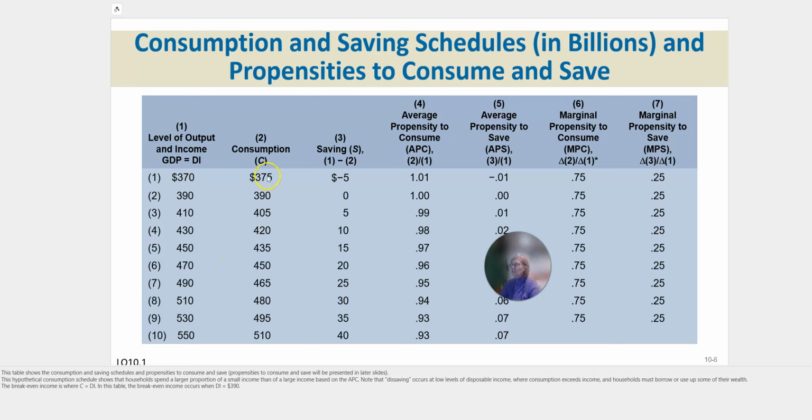So we spent 15 of the extra 20, right? And that gives us 75%. And for savings, we take the change in savings divided by the extra income. We got 20 and we saved 5, or 25%.